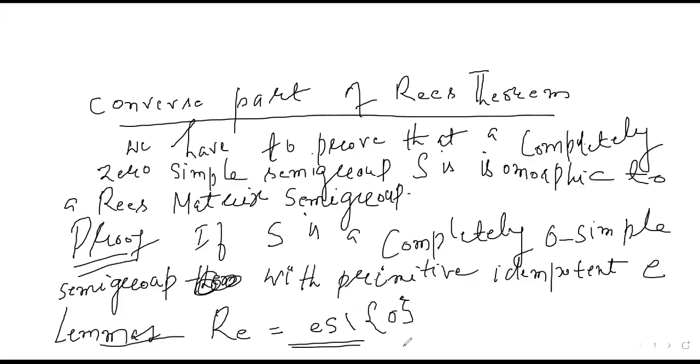Now a few more lemmas before we finally get this theorem. Lemma 2 is actually a generalization of lemma 1. Lemma 1 says that R_E is equal to ES minus 0, where E is the primitive idempotent.